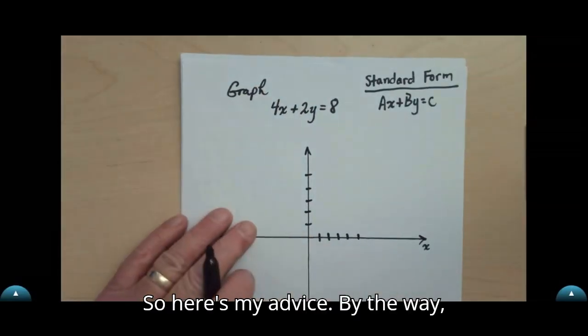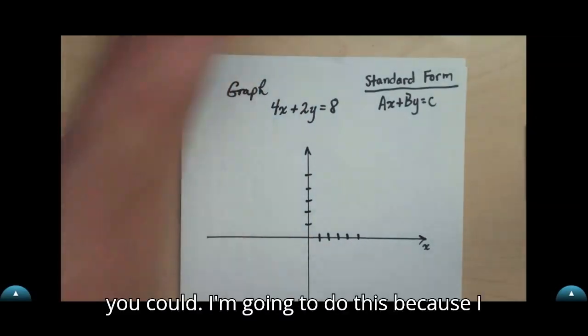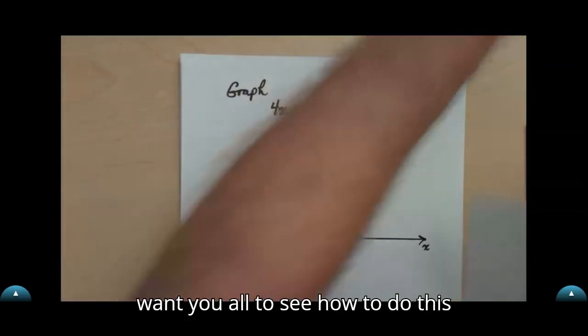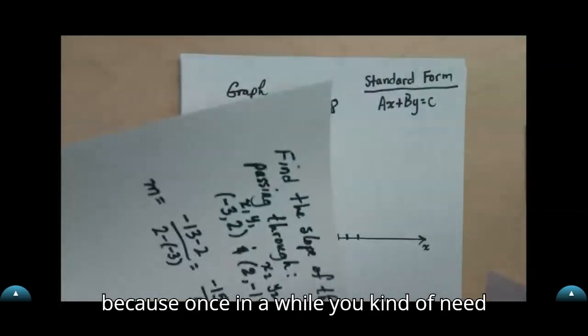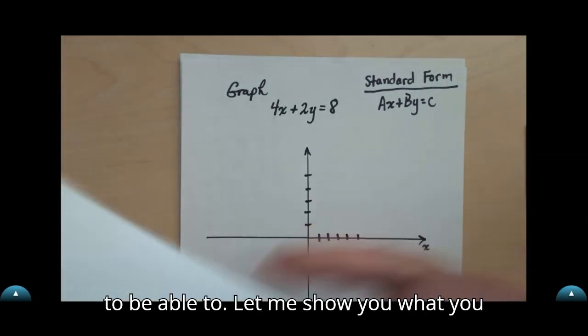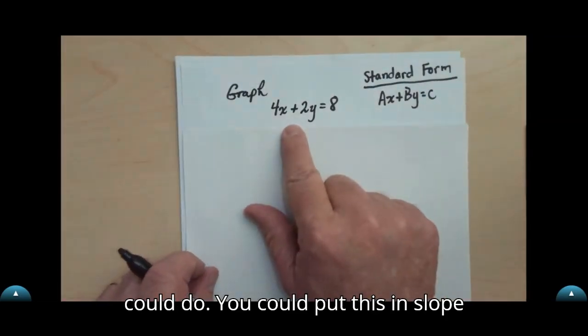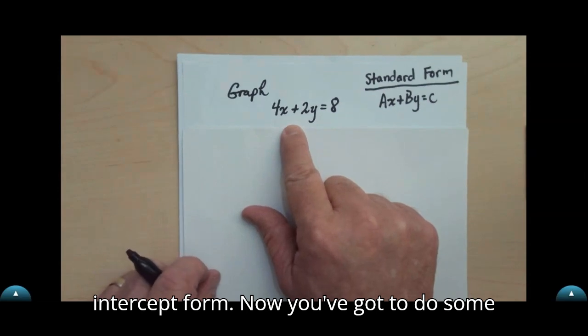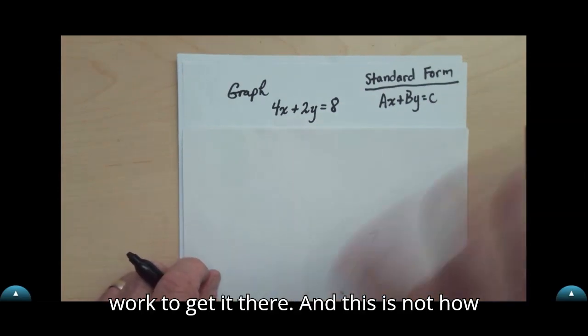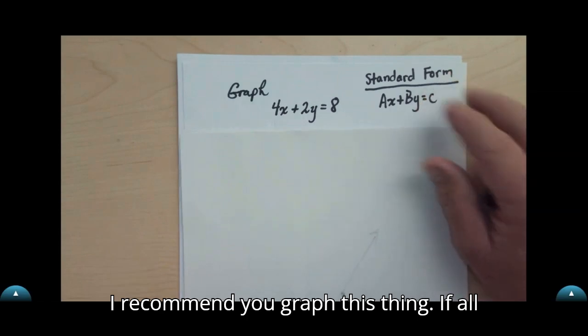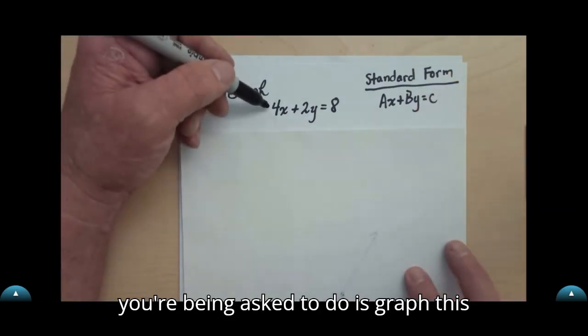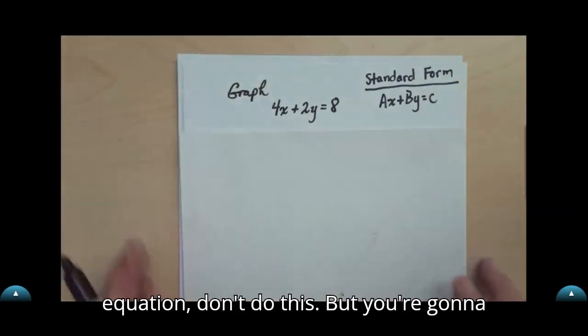So here's my advice. By the way, I'm going to do this because I want y'all to see how to do this, because once in a while you kind of need to be able to. Let me show you what you could do. You could put this in slope-intercept form. Now you're going to have to do some work to get it there. And this is not how I recommend you graph this thing. If all you're being asked to do is graph this equation, don't do this.